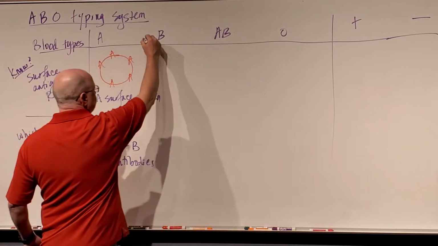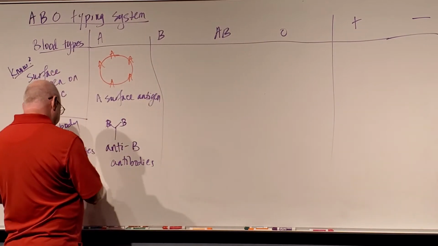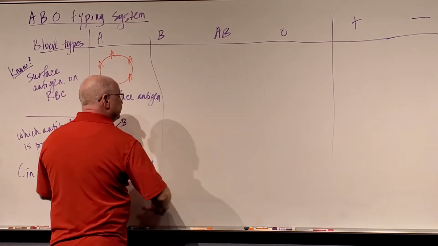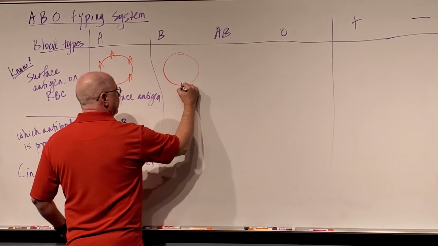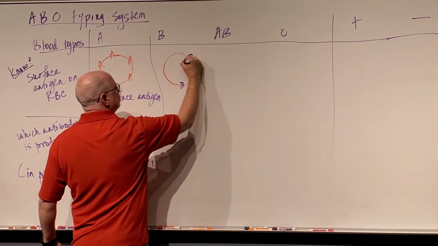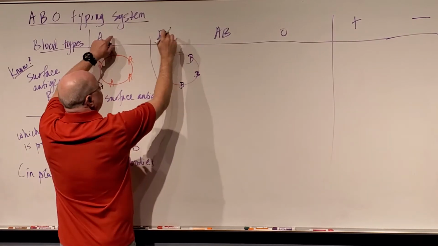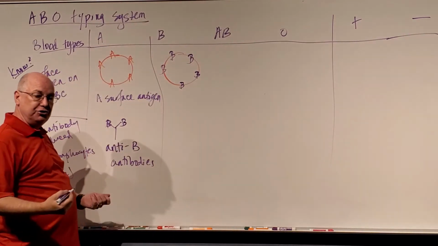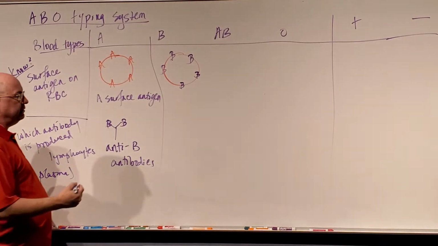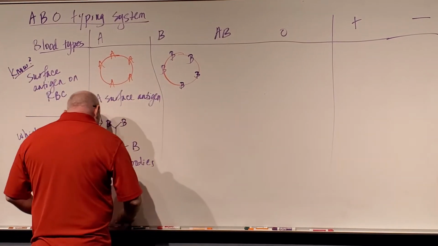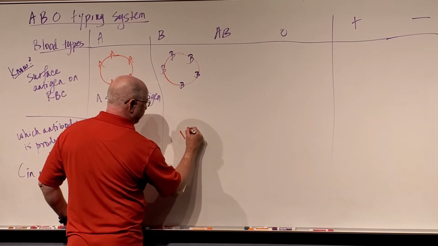Now, someone with type B blood, if I were to look at their red blood cells, are going to have little B surface antigens. As a matter of fact, this tells you which surface antigen that you're going to have. A person with type B blood is going to have these antibodies in their plasma.